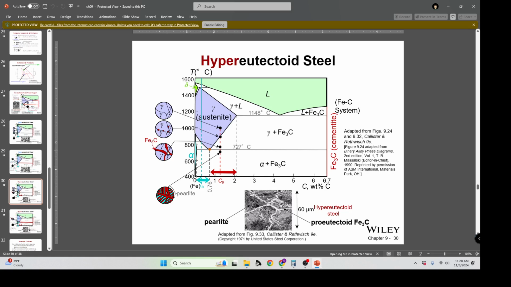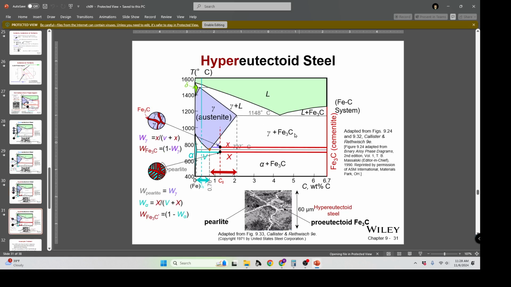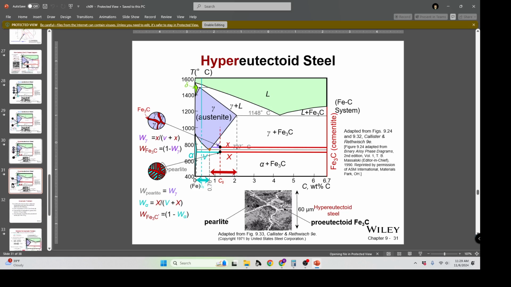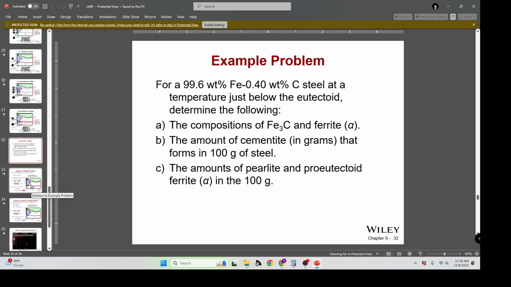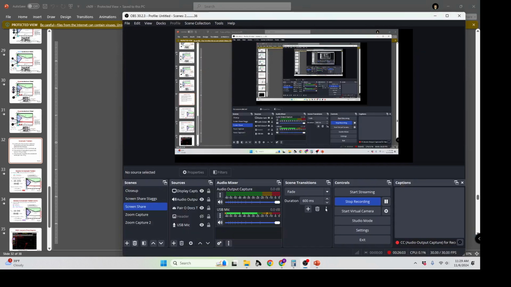They have a lot more carbide phase. So this is the cementite, or the iron carbide, and for this hypereutectoid, you can calculate the weight fraction. So again, go back and review that very carefully. For 99% iron, 0.4 weight percent carbon, transform.